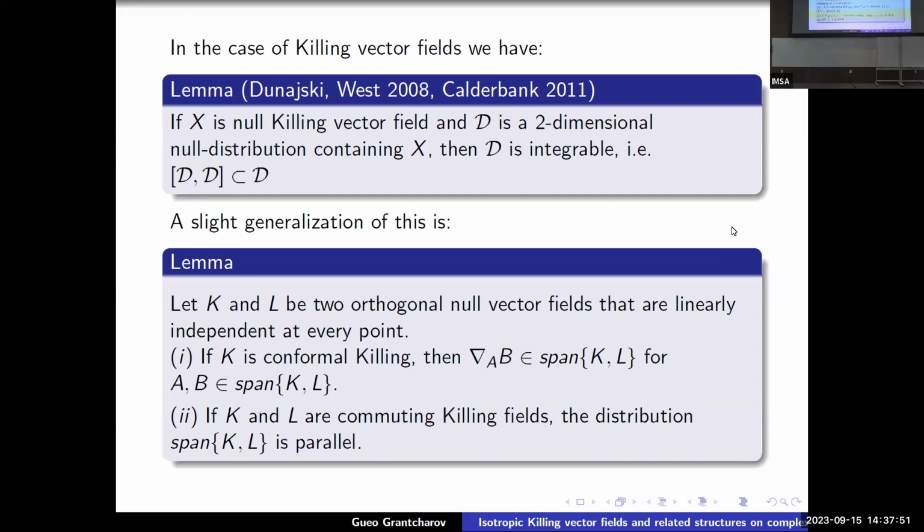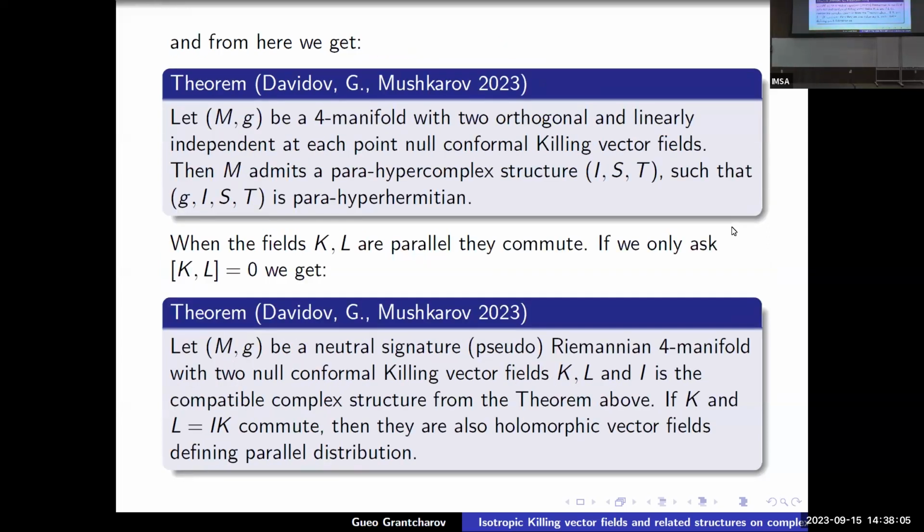If both are Killing, then the distribution is parallel, but not the field itself. And the question is, are they commuting? And the result, which took a long time to observe, even in higher dimensions, is that if we start with this linearly independent orthogonal Killing, then this is necessarily a whole para-hypercomplex structure, which is also para-hyperhermitian.